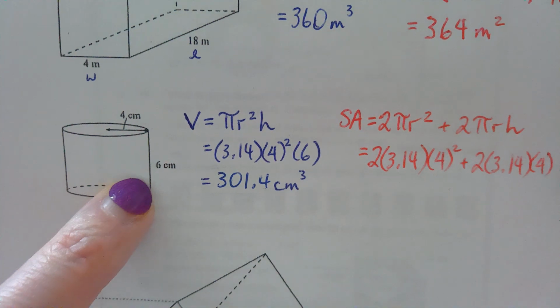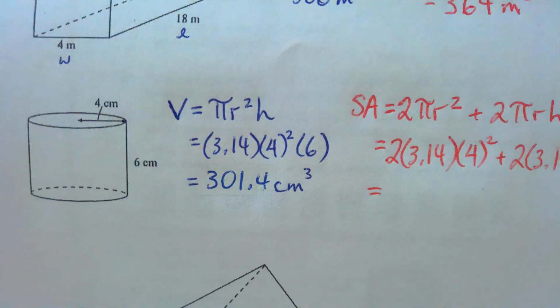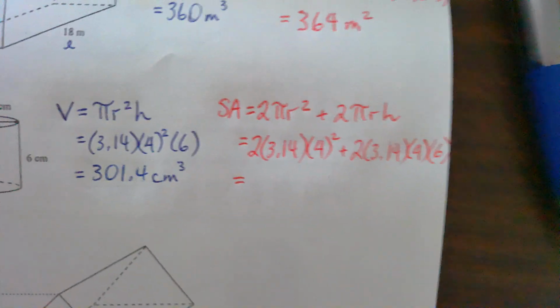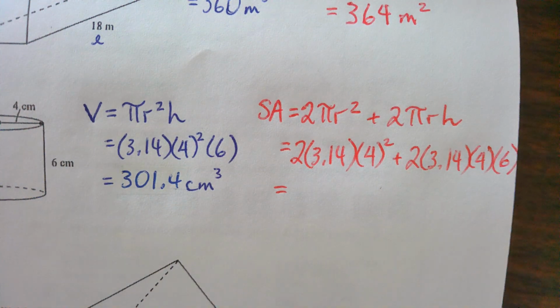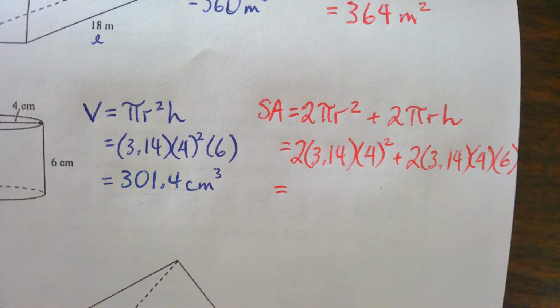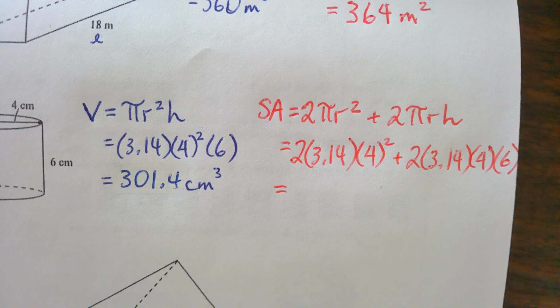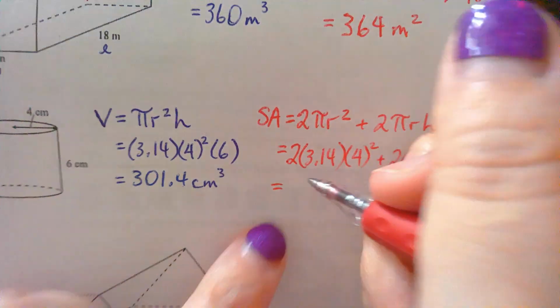4, height is 6. Okay, who trusts their calculator skills? Okay, Jasmine is confident that she didn't punch in any numbers wrong. Jasmine, what did you get? Farhan, what did you get? You agree? What was it again? 200.